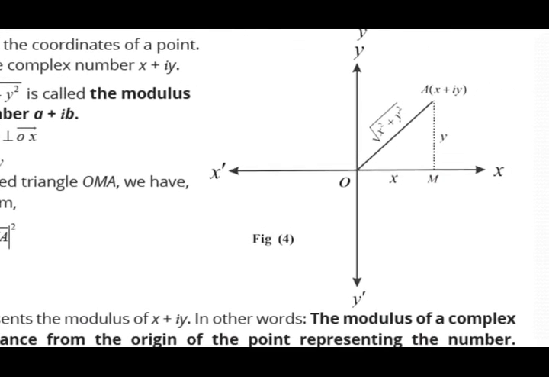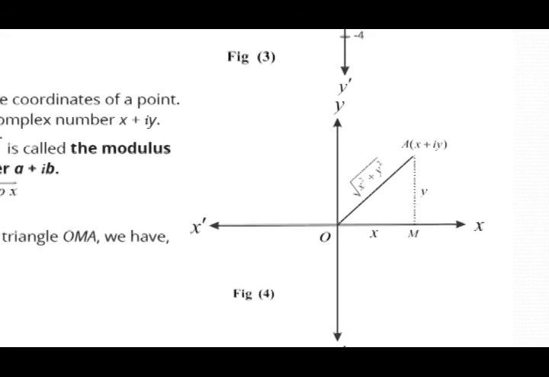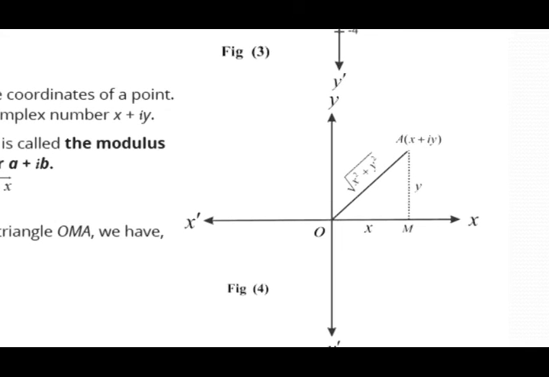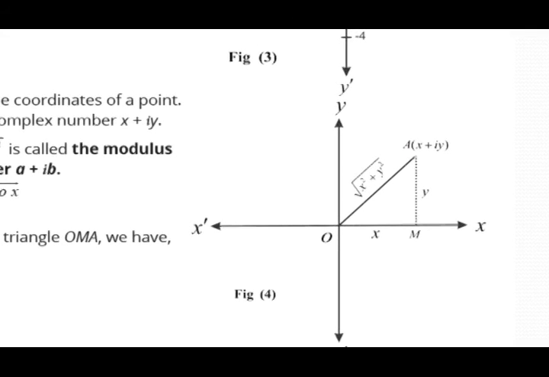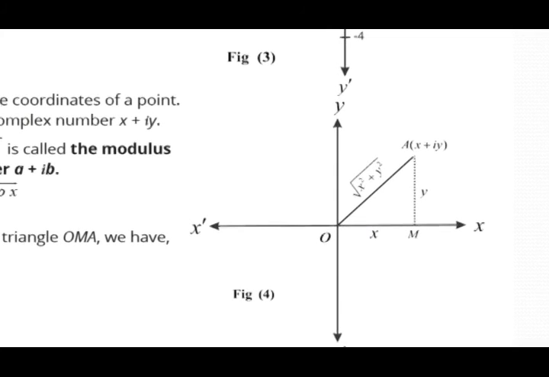You can see a point A, a plus b iota or x plus iota y. Here OM represents x, AM represents y, and this is a right angle triangle, and OA is the hypotenuse.